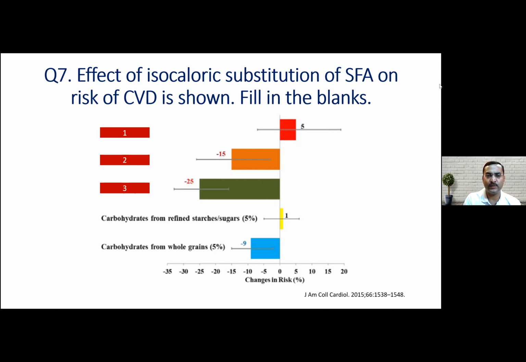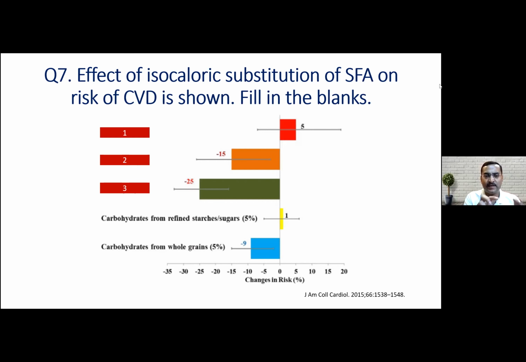if you replace saturated fatty acids, say 100 calories of saturated fatty acids with 100 calories of whole grain carbohydrates, you actually improve cardiovascular disease risk, you lowered it by 9%. On the other hand, there are certain things, for example, if you look at the red bar, if you replace saturated fatty acids with a certain food substance, you can increase the risk by 5%.